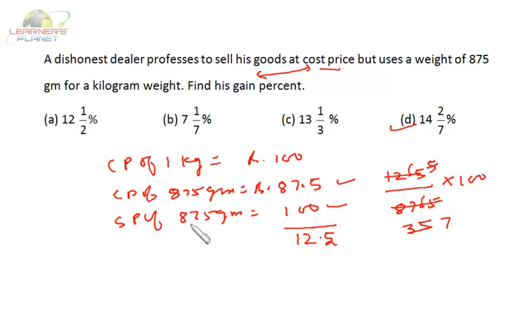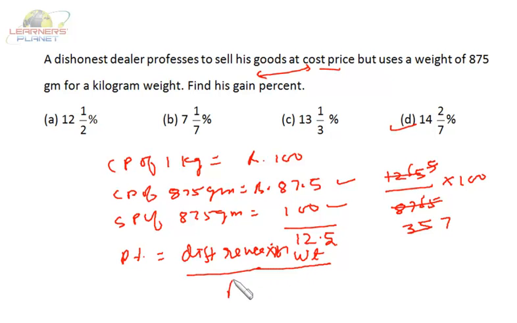So friends, we can derive a logic over here, that is, profit percent in this sort of case is difference in weight by false weight into 100. Why have we taken the difference in weight?